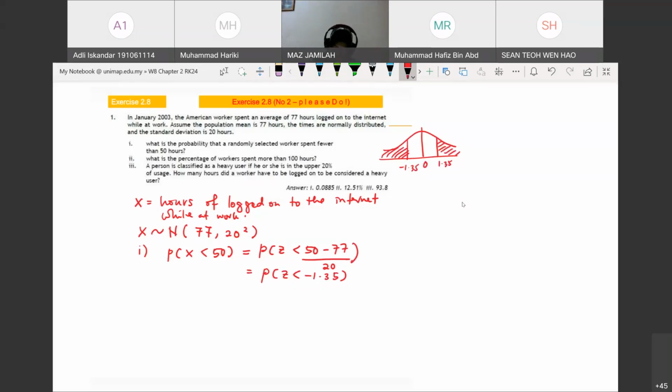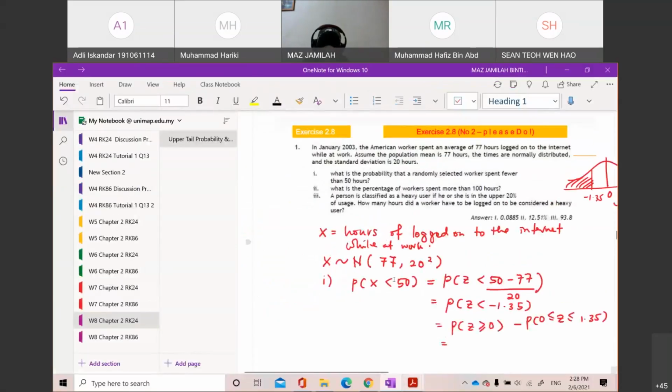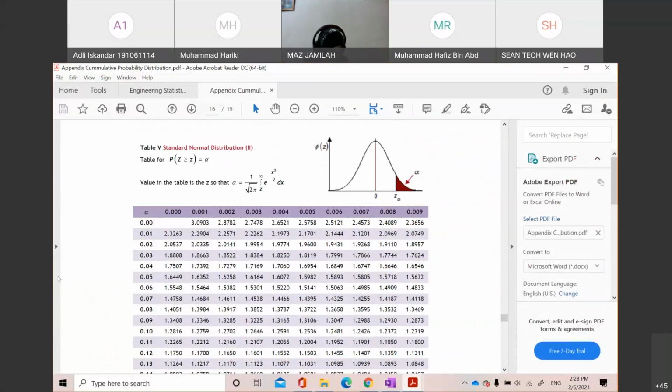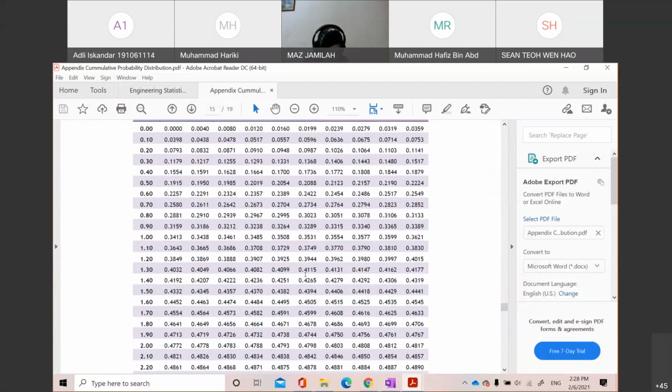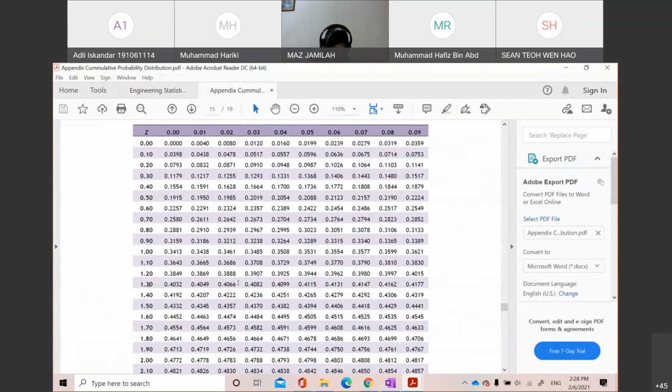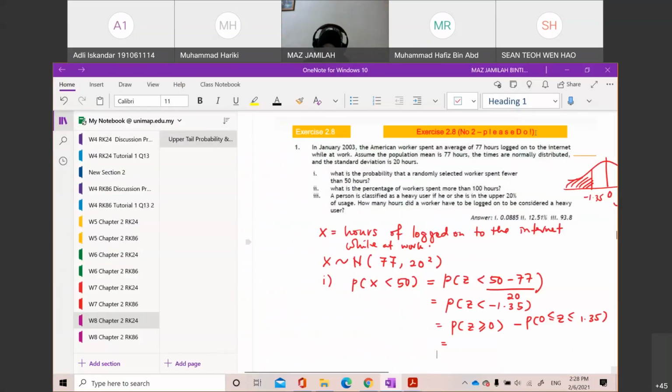So using the first table, you will have P(Z greater than or equal to 0), which is the whole probability here, which is 0.5, minus P(Z between 0 and 1.35). If you look at your table, 1.35 is 0.4115.